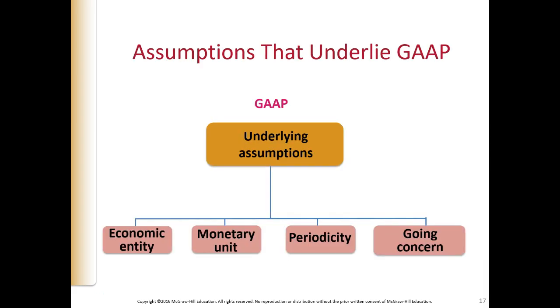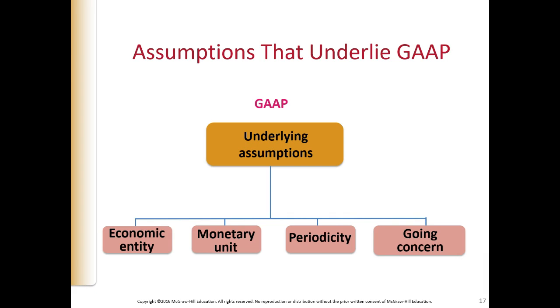Under GAAP, we have the economic entity concept, which means you need to record transactions only for that economic entity, that business. So the transactions are separate from the owner's personal transactions. The monetary unit, we have to have some measure to report the information, and so we're going to use the US dollar as the monetary unit to report the activity of the company.